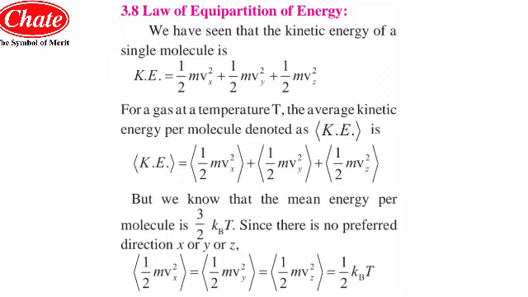Now since there is no preferred direction x or y or z, the mean of half m vx square is equal to the mean of half m vy square is equal to the mean of half m vz square is equal to half kB T. So this is the expression that we can derive for the mean energy associated with every component of translational kinetic energy, which is quadratic in the velocity component in the x, y and z directions, it is half kBT.